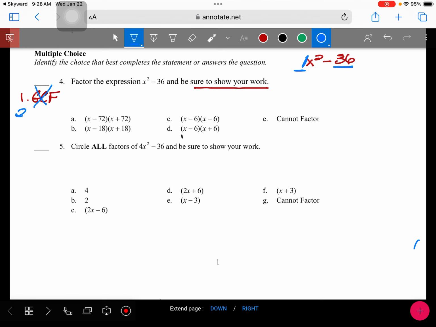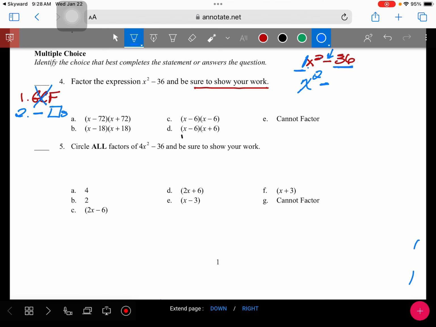Okay? 2, is this a difference of 2 squares? Well, difference, there's definitely a subtraction sign. What I need to determine, are these both perfect squares? Okay, well, let's take a look. X squared is just x squared, x to the second power.